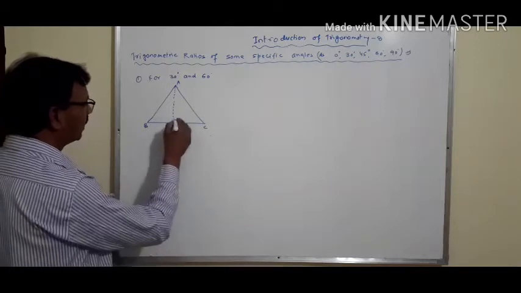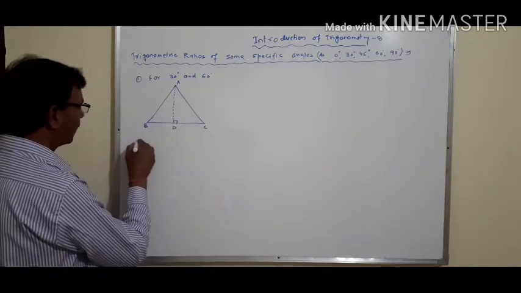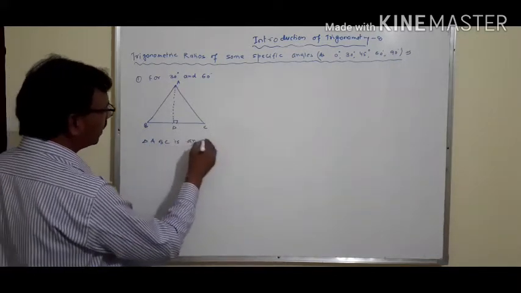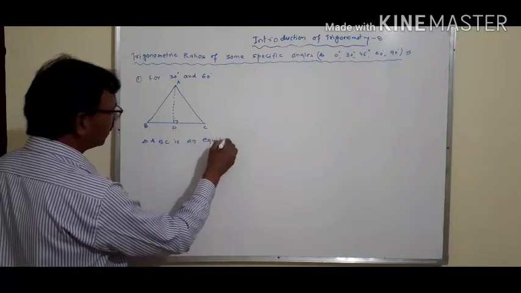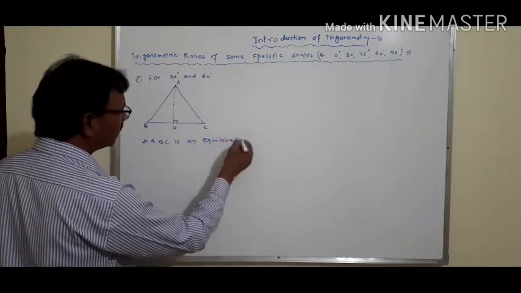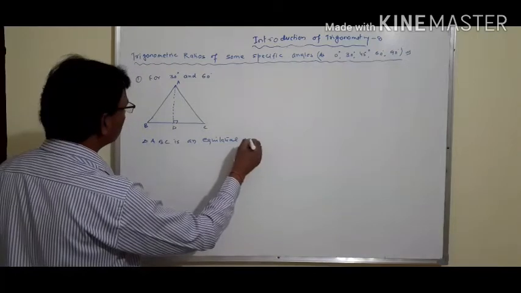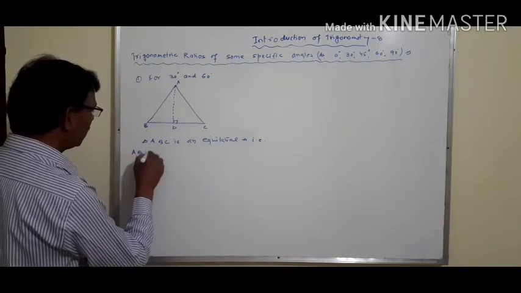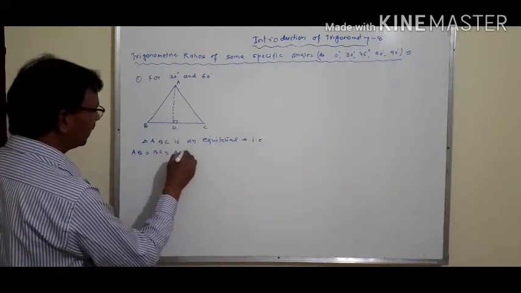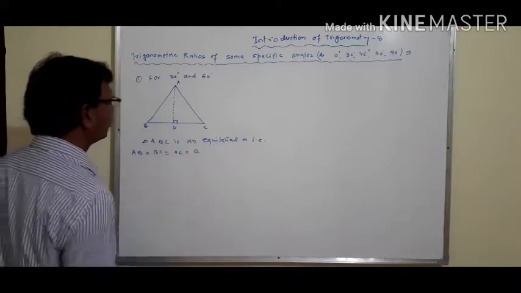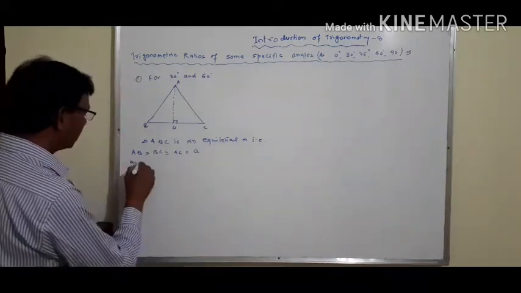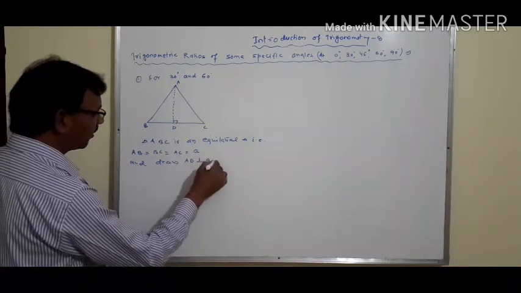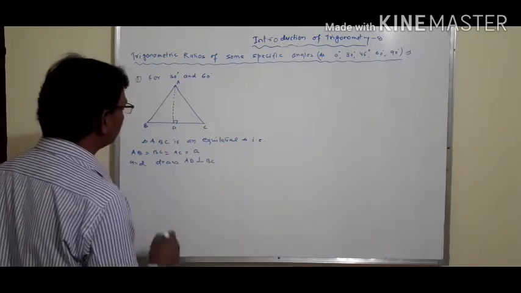This is AD. That means triangle ABC is an equilateral triangle, that is AB equal to BC equal to AC equal to, suppose, small a, and draw AD perpendicular to BC.